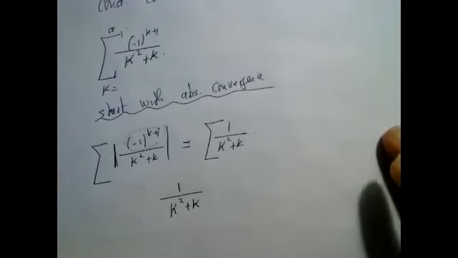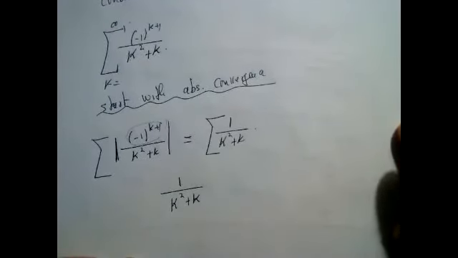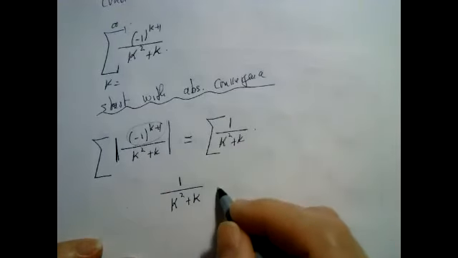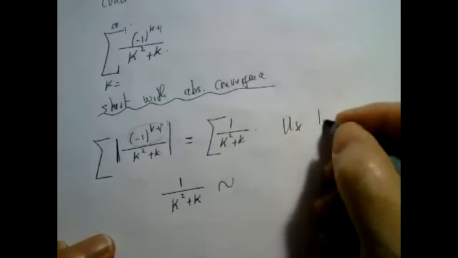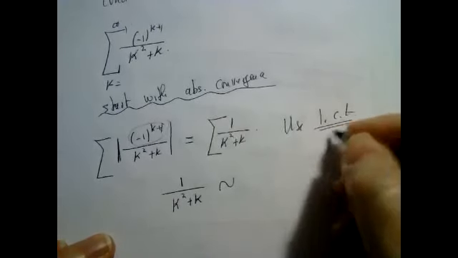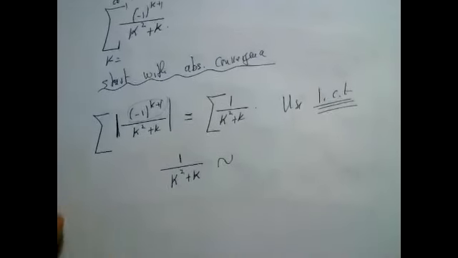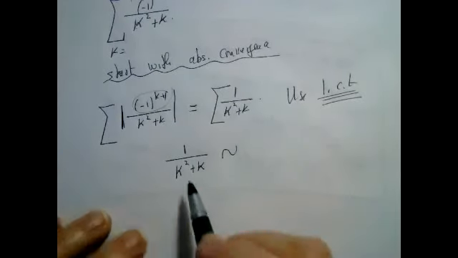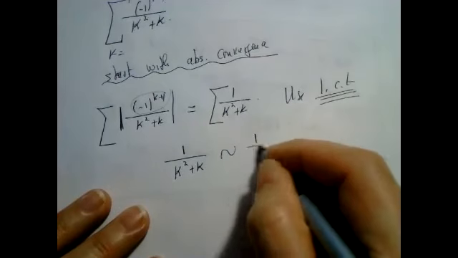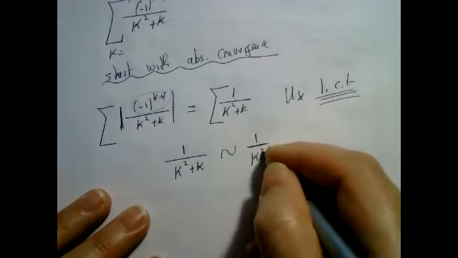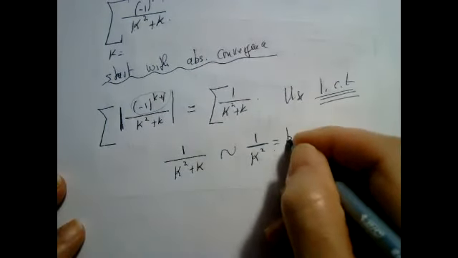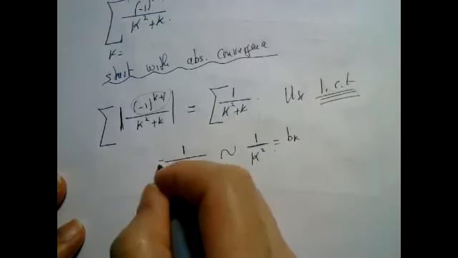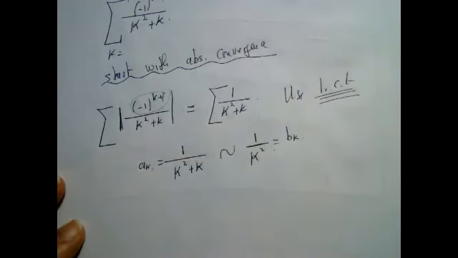Okay, how do we even show that this can converge? Keep going. We're going to use the limit comparison test. I say that for k large, this is almost like 1 over k squared. Okay, I'm bringing back what we know. These are positive terms. This is b_k, and these are my a_k.